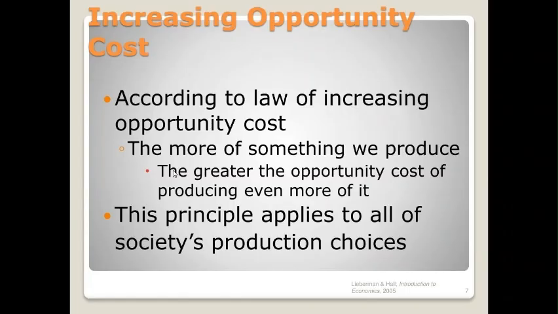So we have increasing opportunity cost, which is according to the law of increasing opportunity cost. The more of something we produce, the greater the opportunity cost to produce even more of it. So in order to produce more of something, we would have to give up a lot of our necessary practical resources.